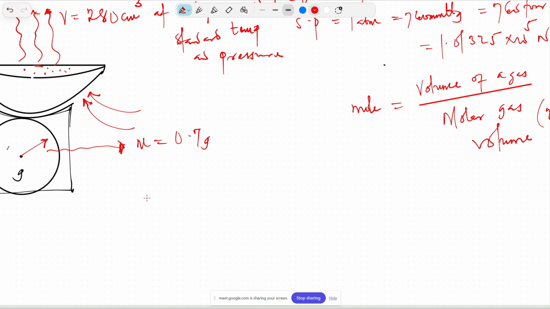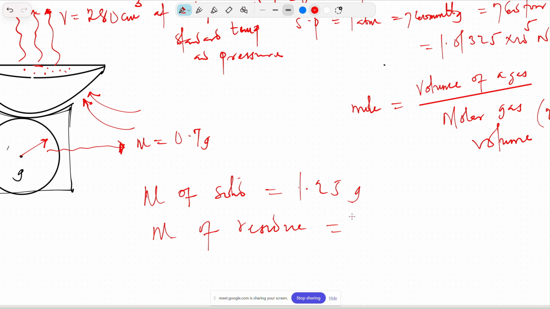So this implies that mass of solid is 1.25 gram, mass of residue is equal to 0.7 gram.